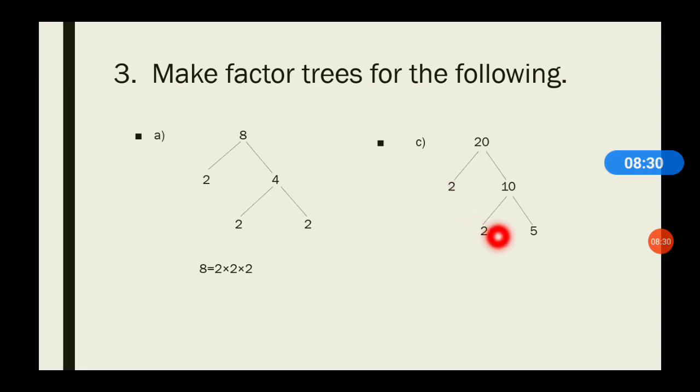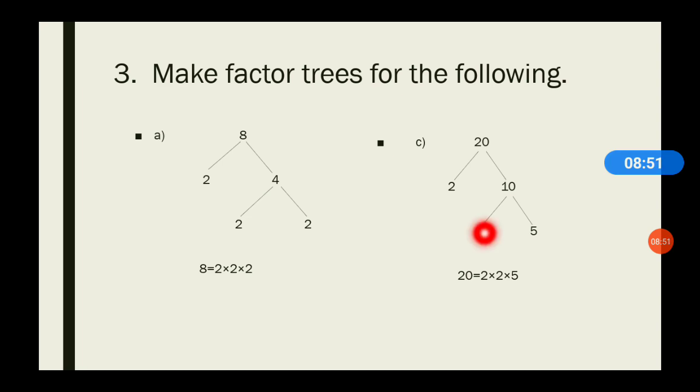So all these numbers, 2, 2 and 5, are prime factors. If you multiply the prime factors 2 into 2 into 5, you will get 20. So this is the answer. These are prime factors. 2 into 2 is 4, 4 into 5 is 20. So these are the answer for number 3.